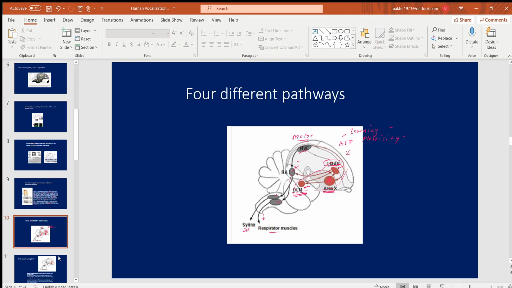That tells us that learning and plasticity, which is the stage before crystallization, are controlled by these areas or this pathway. Okay.